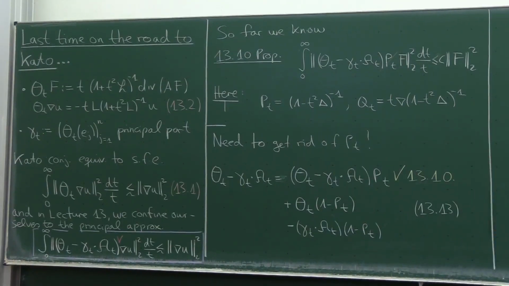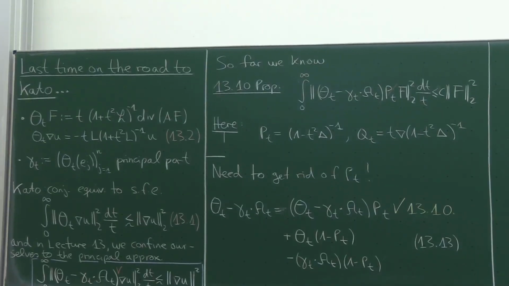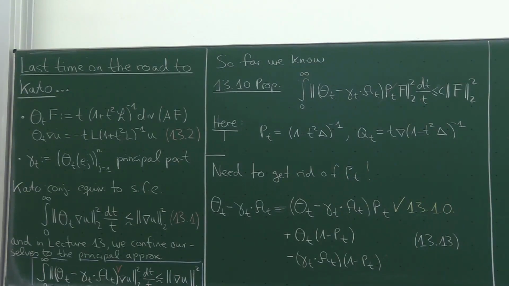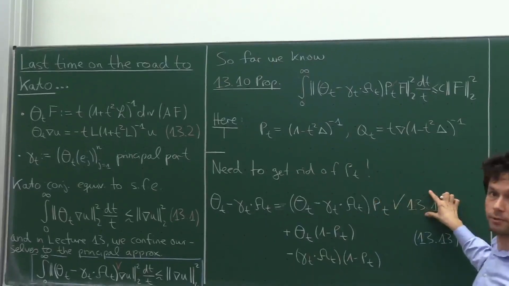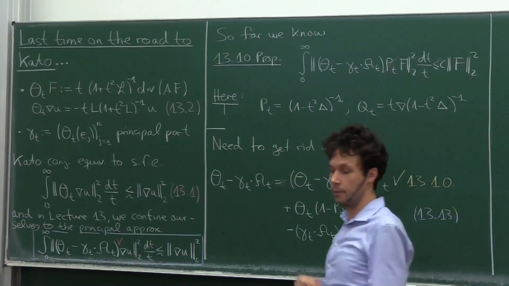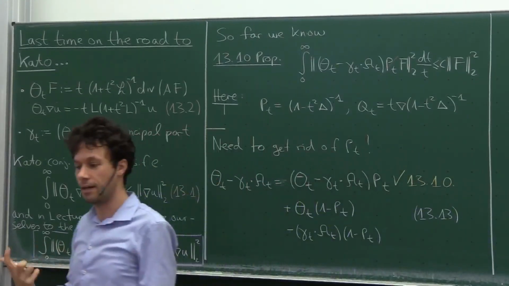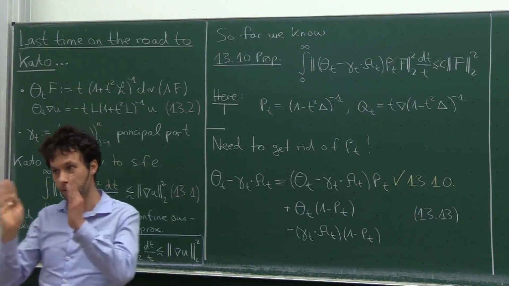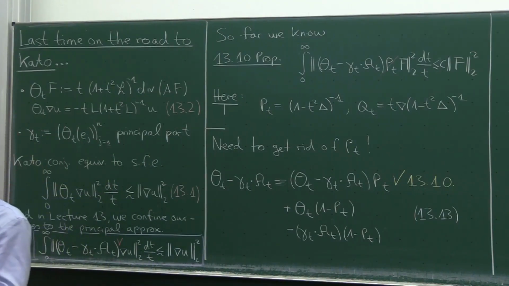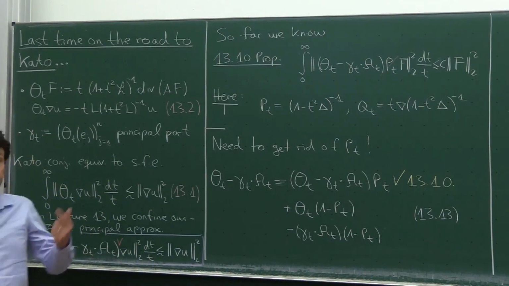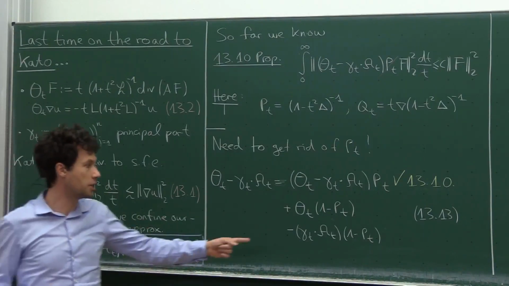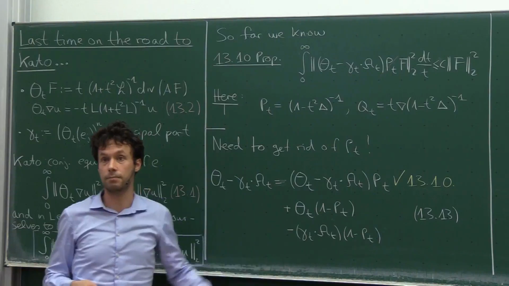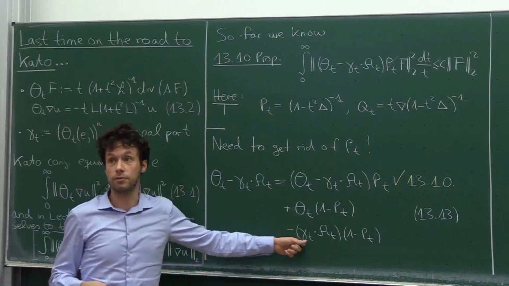So what you will see is that the main work with the operator theta and the principal part was what we did last time. It will turn out, and I strongly advise you to follow this particular idea in the lecture, that I will use extremely little information on the principal part and the theta operator when I'm doing these two terms.